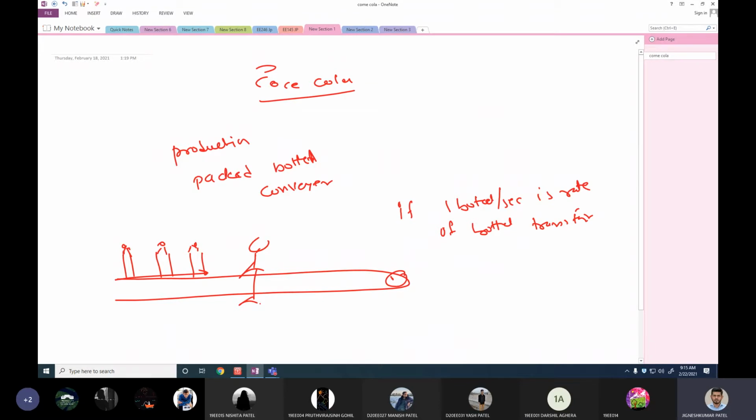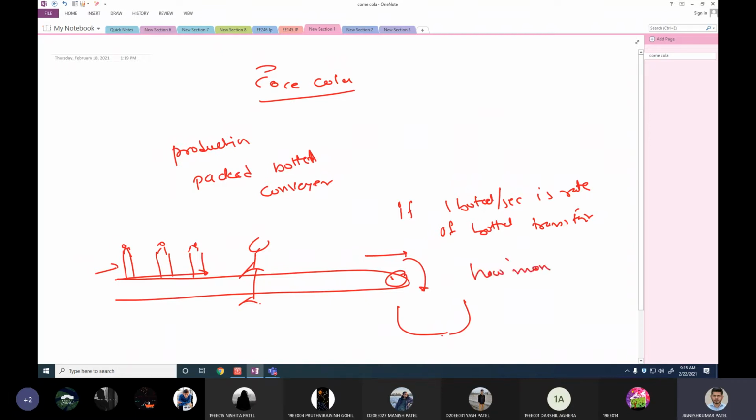So after each 1 second one bottle is going out and one bottle is coming in. If there is a drop box here, after each 1 second you are dropping a bottle here. That's the point.